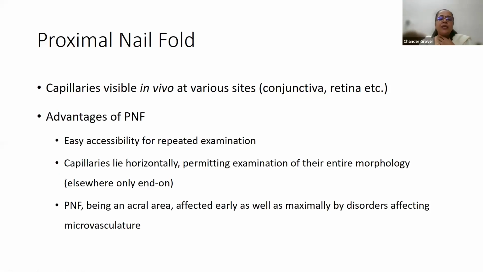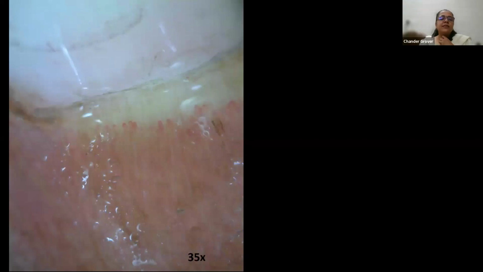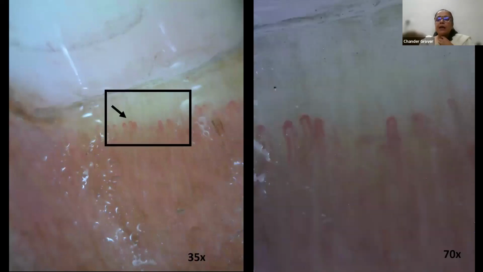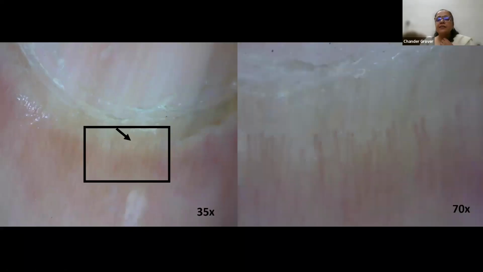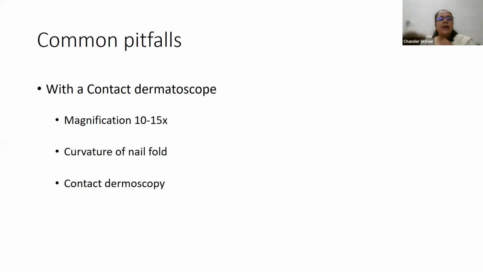They are visible to you in vivo, and you can see them along their length at 35x and at 70x. These are the dilated capillaries, and this is an avascular area in between.